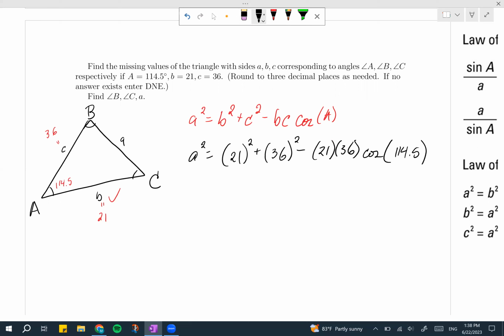Ready? Now I just plug it in the calculator and take my square root. Whenever I plug this in the calculator, I'm going to have 21 squared plus 36 squared minus 21 times 36 times cosine of 114.5.